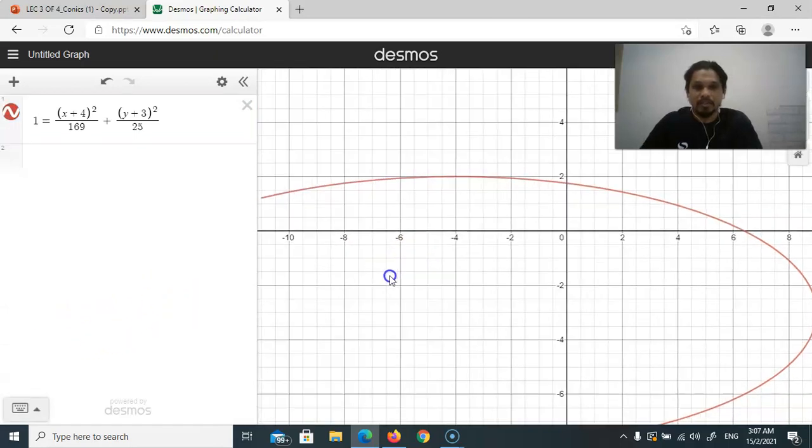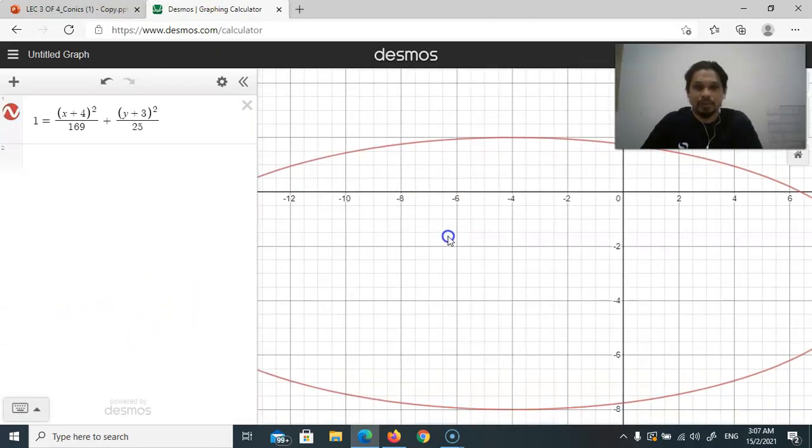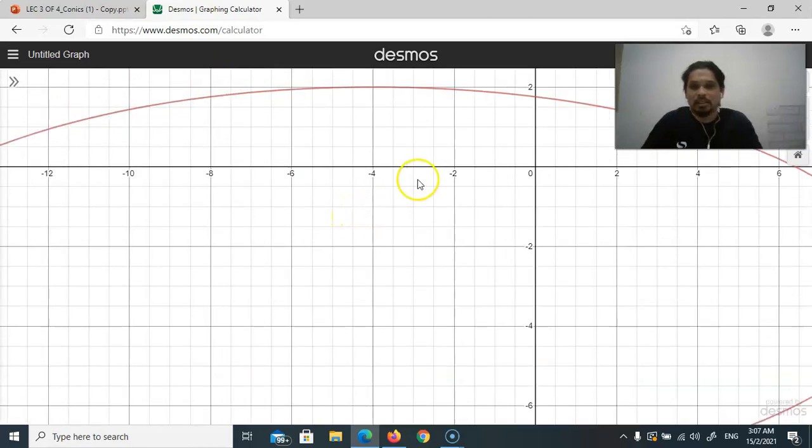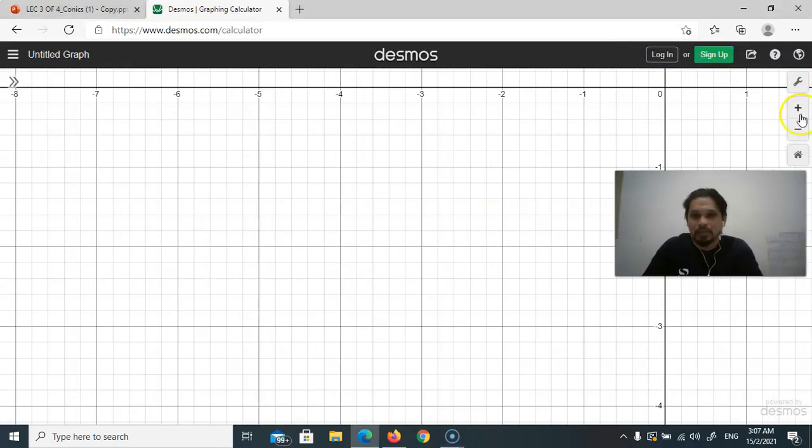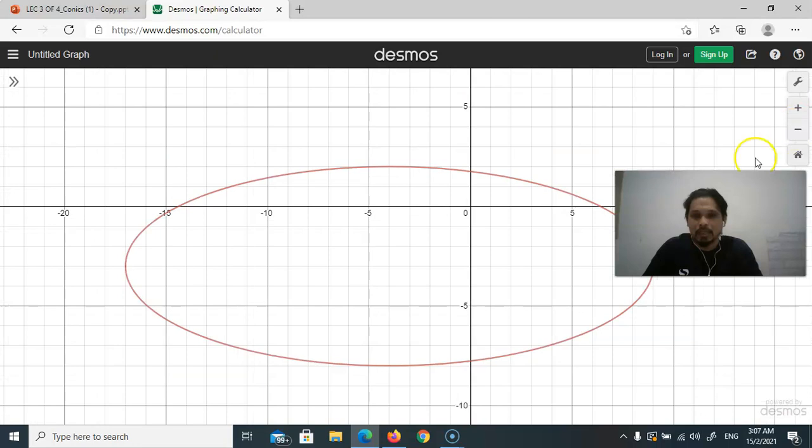Let's take a look at this one now. As you can see, this is the equation that we substitute into this, and we can see the graph clearly. There you go.